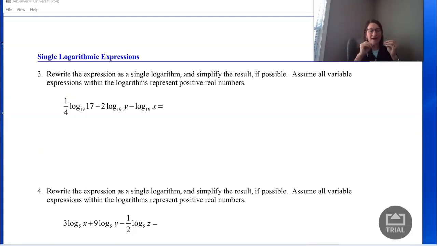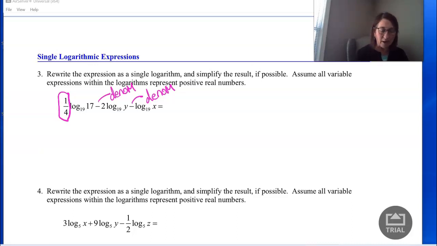Anytime you've got subtraction signs, that means that argument is going to go in the denominator, just for the reasons I said in the last example. Second thing, anytime you've got a coefficient, that is going to become the exponent of that argument.